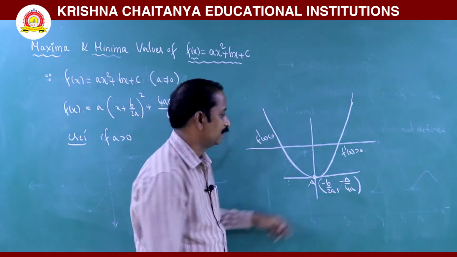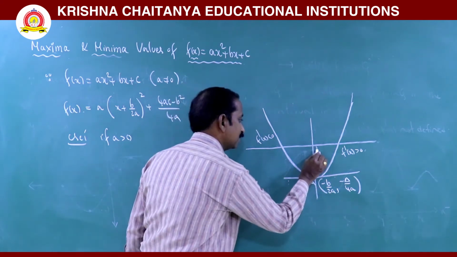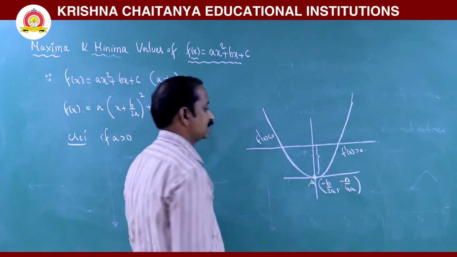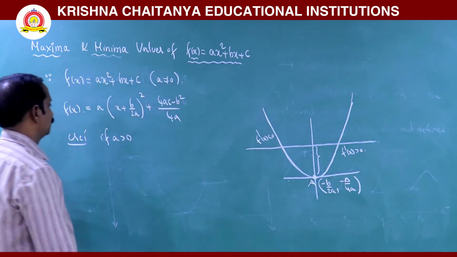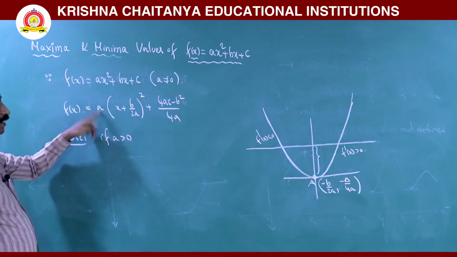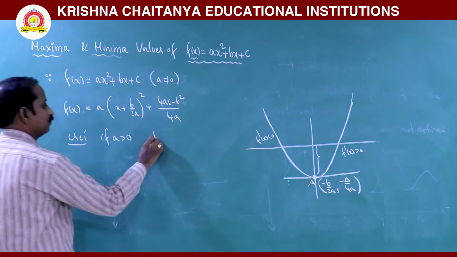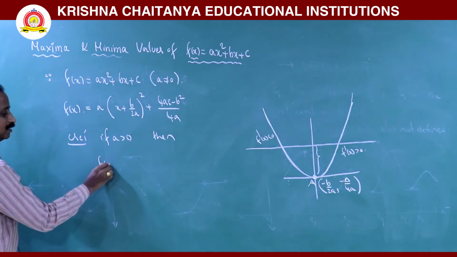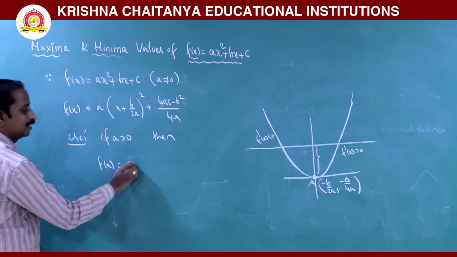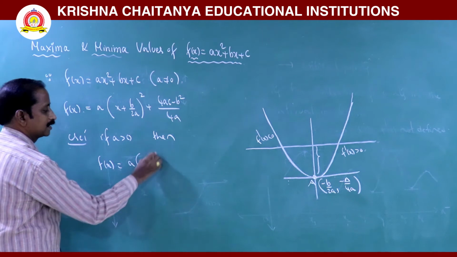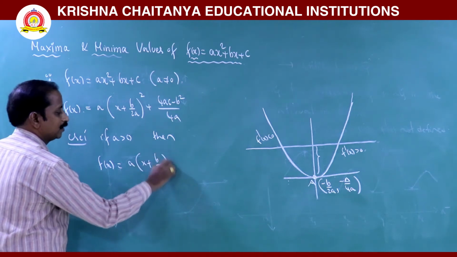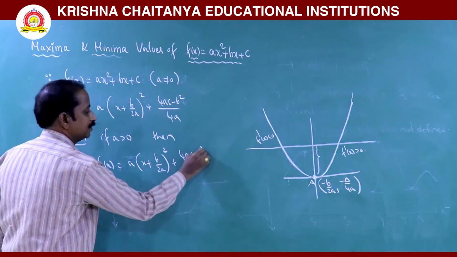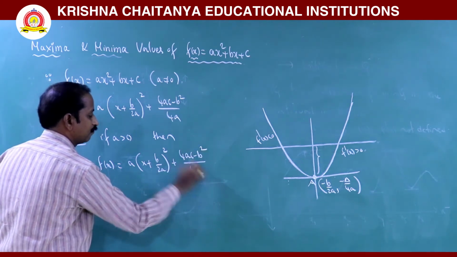This value is nothing but the function value, which is minus delta by 4a. Now if a is greater than 0, we know that f of x is nothing but a into x plus b by 2a whole square plus 4ac minus b square divided by 4a.